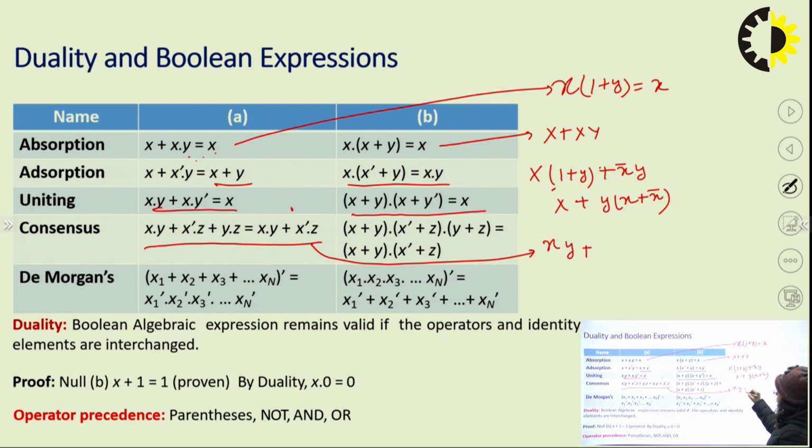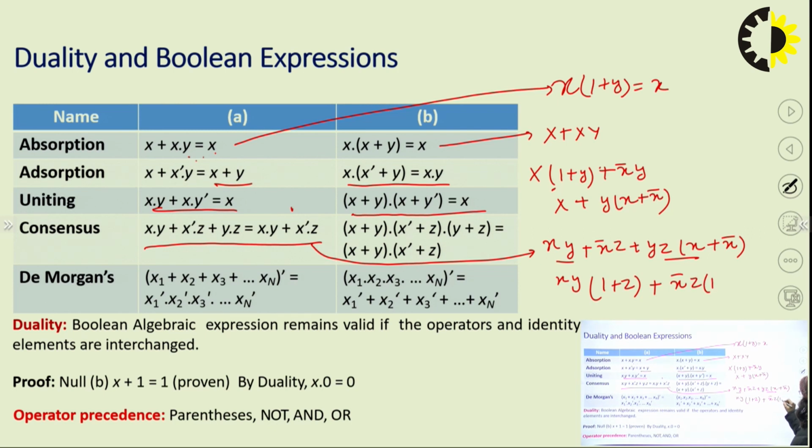So, xy plus x bar z plus yz(x plus x bar), and we take xy common between the first and this term, 1 plus z, and x bar z common, 1 plus y. So, 1 plus z and 1 plus y equal 1, and the equation comes out to be xy plus x bar z. Similarly, we can derive (x plus y)(x bar plus z)(y plus z) equal to (x plus y)(x bar plus z).